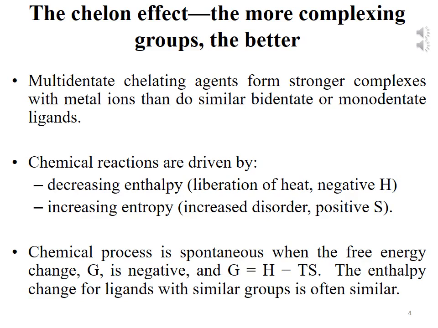As we know, chemical reactions are mostly driven by decreasing enthalpy, that is liberation of heat, denoted by negative delta H. And these reactions are driven by increasing entropy, increased entropy meaning increased disorder, denoted by positive delta S. A chemical process is spontaneous when the free energy change delta G is negative.